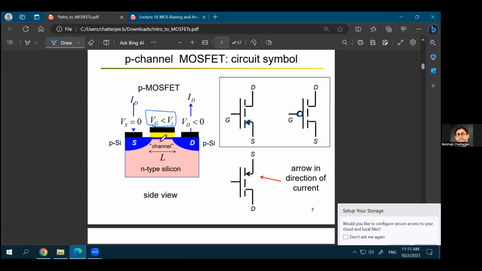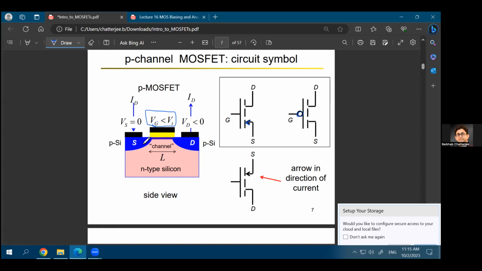Right? You need to have a fixed amount of current flow. For that, you need to have a continuous flow of the same type of charge carriers. If you don't have that, there cannot be any current flow. So from source to drain, it has to be the same charge carriers flowing from the left side to the right side.